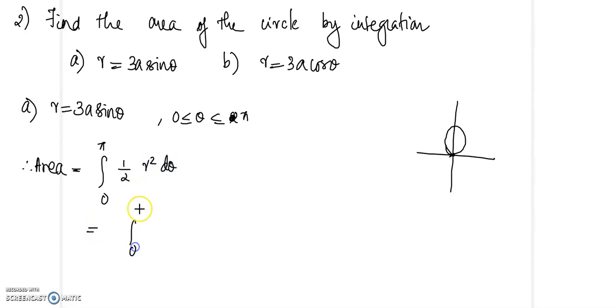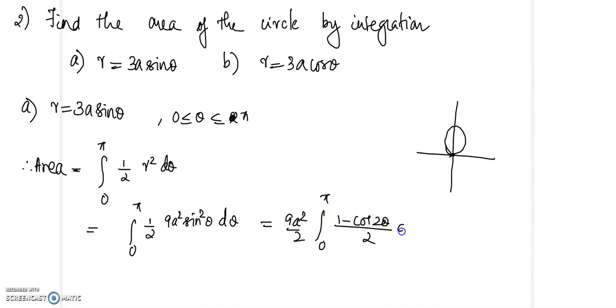That is integral 0 to pi 1 by 2 9a square sin square theta d theta. So that is 9a square by 2 integral 0 to pi 1 minus cos 2 theta by 2 d theta. So that is 9a square by 4 theta minus sin 2 theta by 2 from 0 to pi.